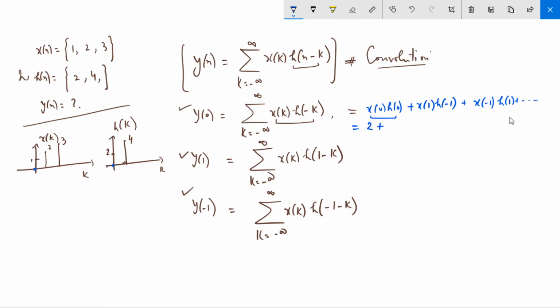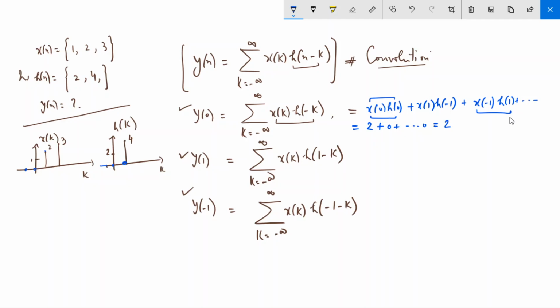Then x1 is 2, h of minus 1 is 0, so everything after this is 0. Similarly, x of minus 1 is 0, but h of 1 is 4, so 4 into 0 gives zeros again. It means you are getting only one non-zero value at n equal to 0, that is x0 into h0, so this will be 2.